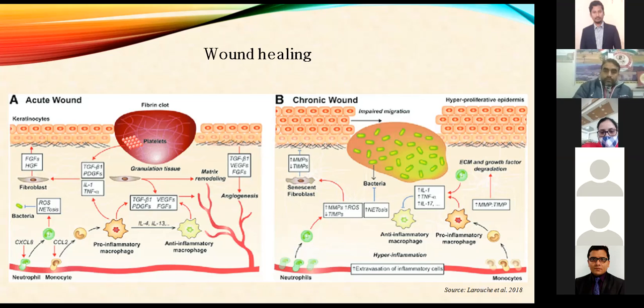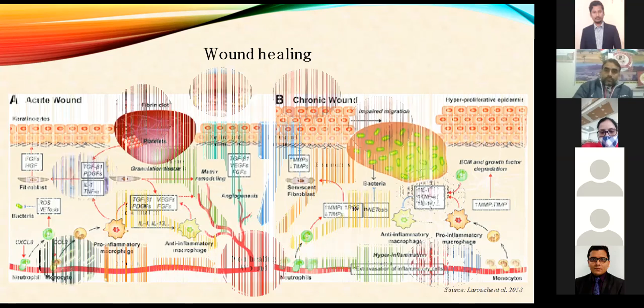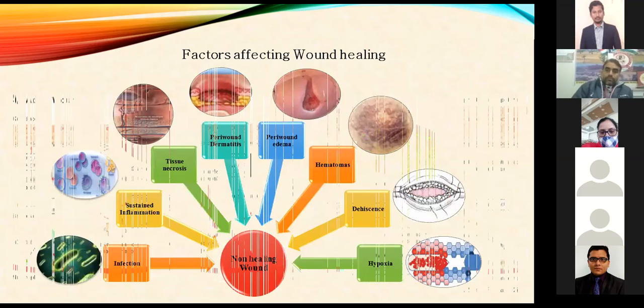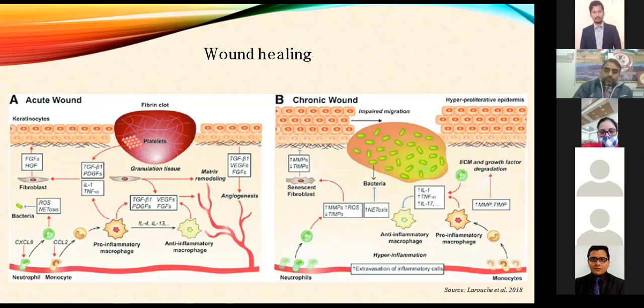There is always an increased level of pro-inflammatory cytokines, growth factors, and ROS, which leads to aberrant wound healing, leading to fibrosis and keloid formation. And the epithelial layer will get divided over and over. The next slide.